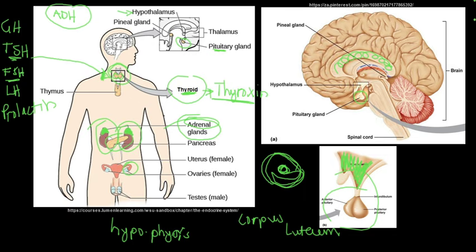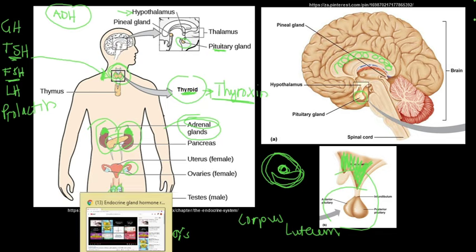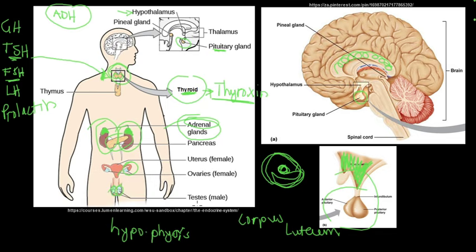Then the last one in the testes is testosterone. So testosterone specifically secreted by the cells of Leydig, and there also secondary male characteristics, deepening of the voice, facial hair, pubic hair, development of male sex organs during puberty, and then the maturation of sperm, and it also contributes to the quality of the sperm.